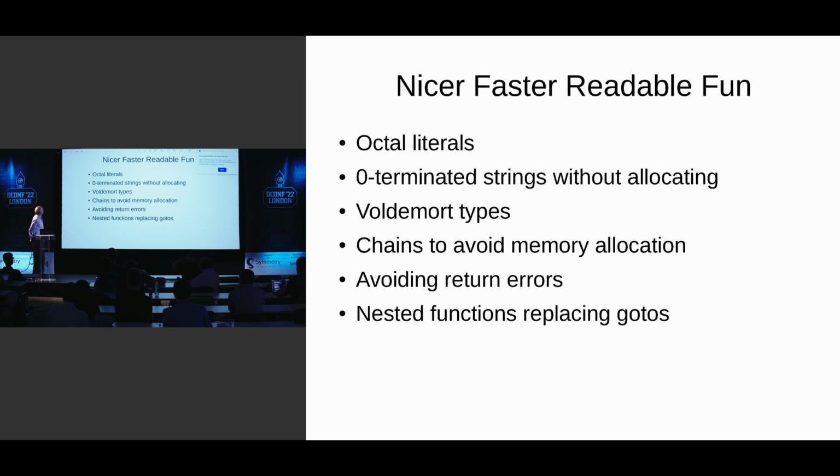Using chains to avoid memory allocation. Memory allocation is always a big risk in programming because if you make any mistakes, you wind up with memory corruption. And also you can, of course, run out of memory, which is never good in your program. So finding ways to avoid doing memory allocation is usually a nice win.